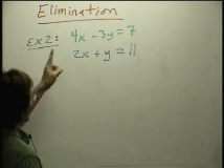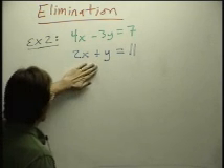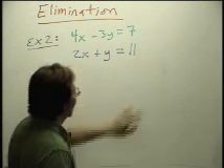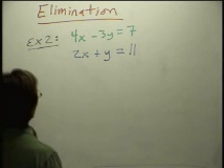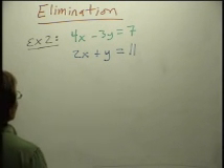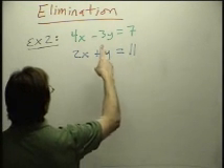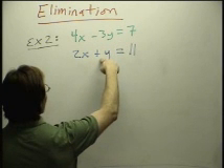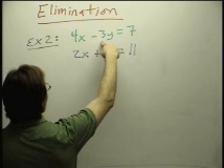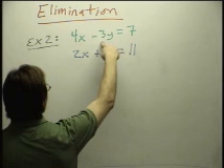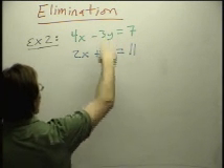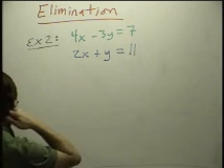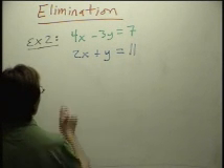Remember that if we do the same thing to both sides of an equation, then we get an equivalent equation. That's what we're going to do. See, because if you notice, here we have a y, here we have a negative 3y. If this were a positive 3y, then we would be able to eliminate the y's. So let's do that.